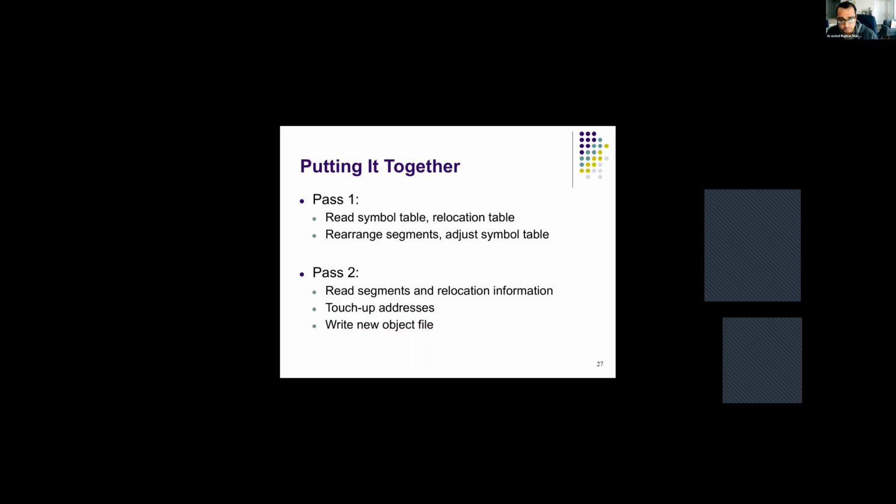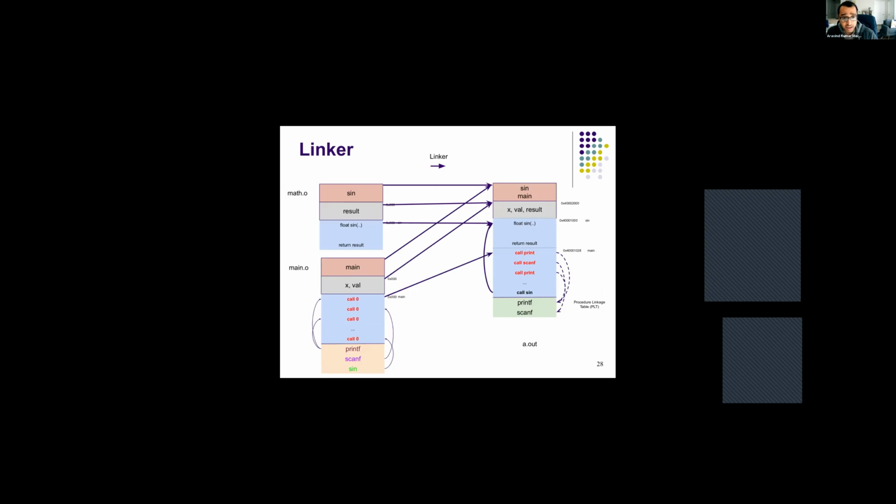And yeah, this is a summary of the linker. Given math.o and main.o, it combines the same segments from different object files into a bigger segment in the final executable. Okay. And then it will fix these entries.